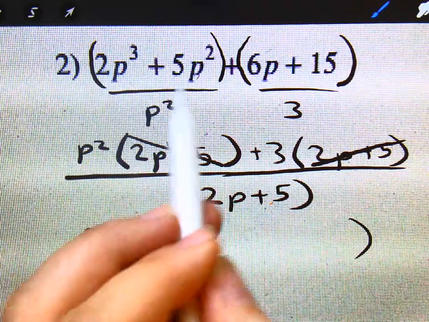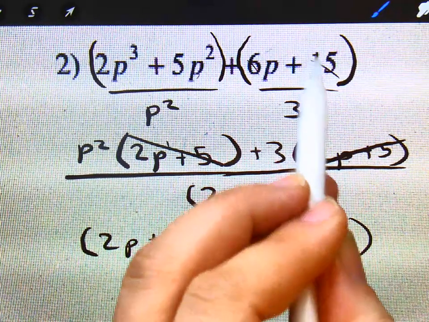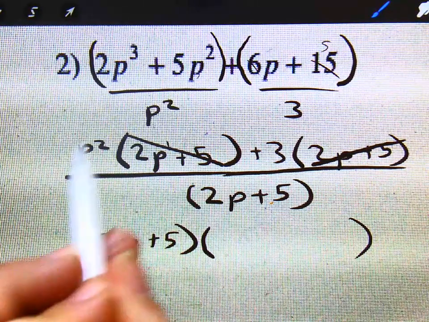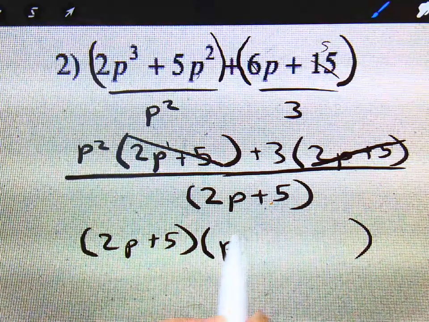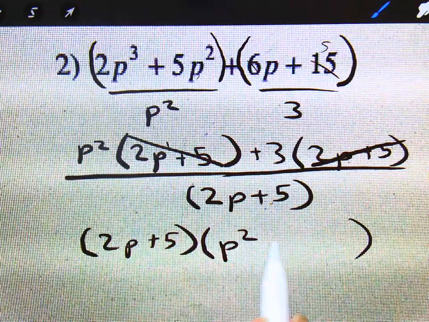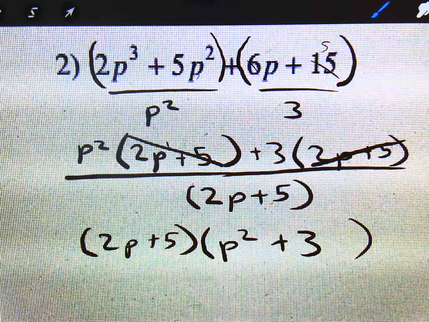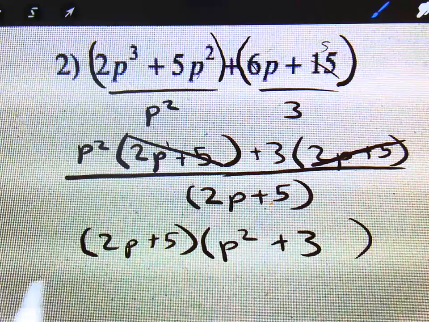So just like here, whereas simplifying, reducing, all this other good stuff, what I'm left with is p to the second plus 3. So that would be my answer.